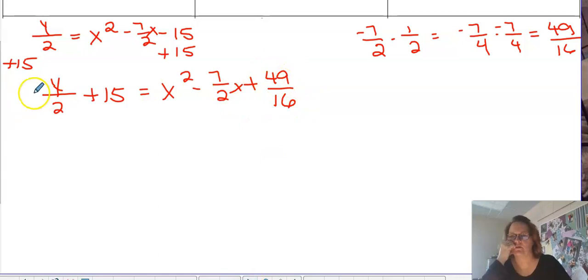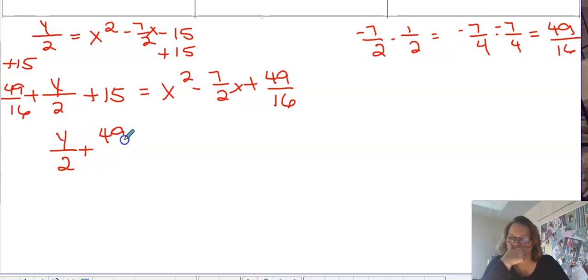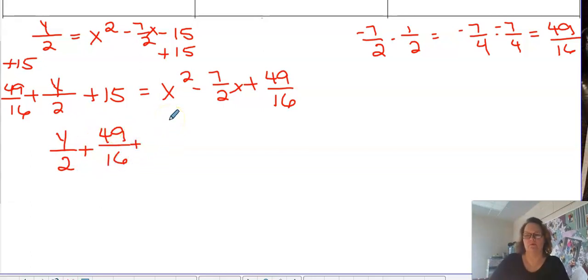So then I'm going to add the 49/16 on this side. And I have to do the same thing over here. Plus 49/16. So let's see. We have y over 2 plus 49/16 plus, now I got to figure out how many.